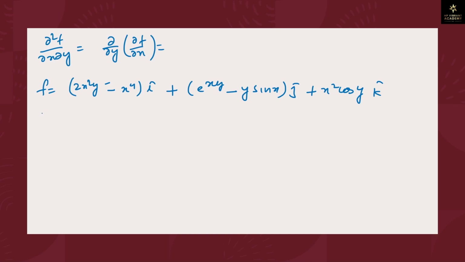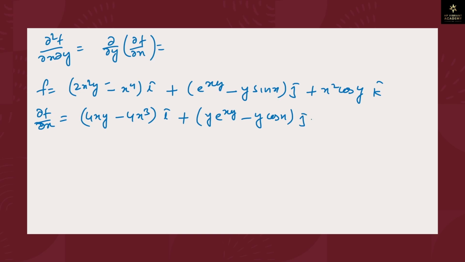Okay, let us find del f upon del x. This is equal to (4xy minus 4x cube) i cap plus (y times e to the power xy minus y cos x) j cap plus 2x cos y k cap.